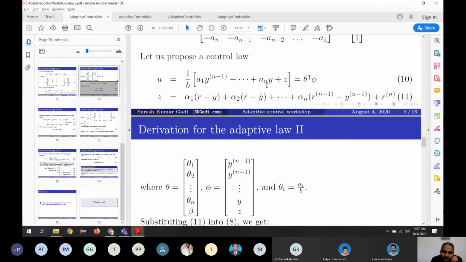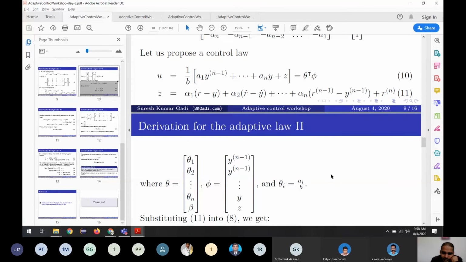And the last one is the Z. The Z divided by B is the beta. No, I think 1 divided by B, sorry. The 1 divided by B is the beta, and the Z and all the other signals Y and Y minus 1 all are going into the phi. So if you see, this is the phi, this is the theta. If we multiply theta transpose times phi, we get this.